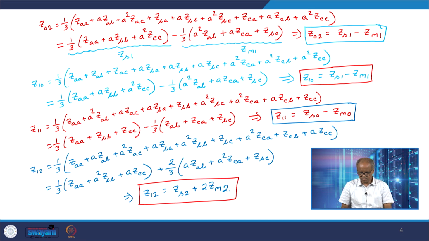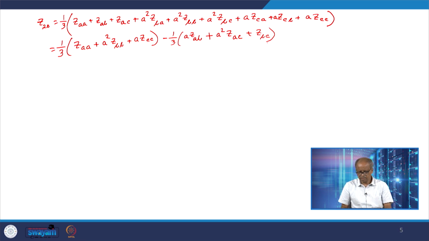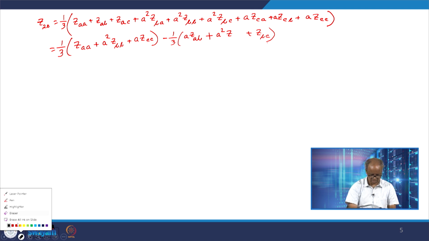So AZAB plus A square ZCA and ZBC. So I can also write it down as ZCA. So then therefore this quantity is ZM2.